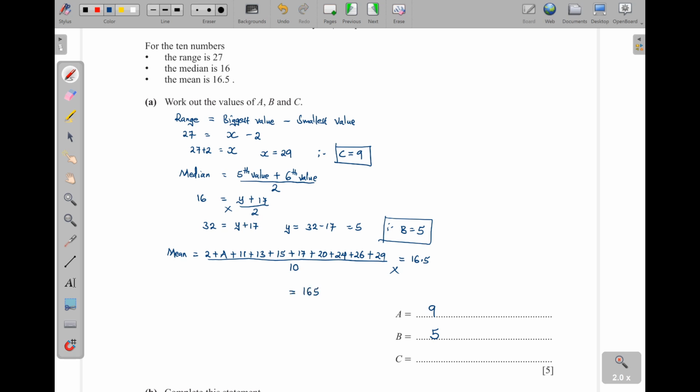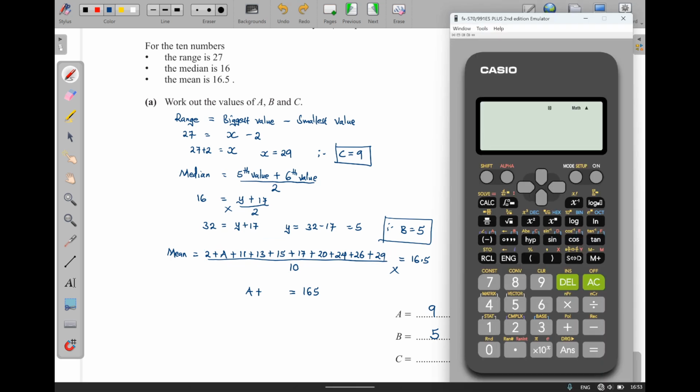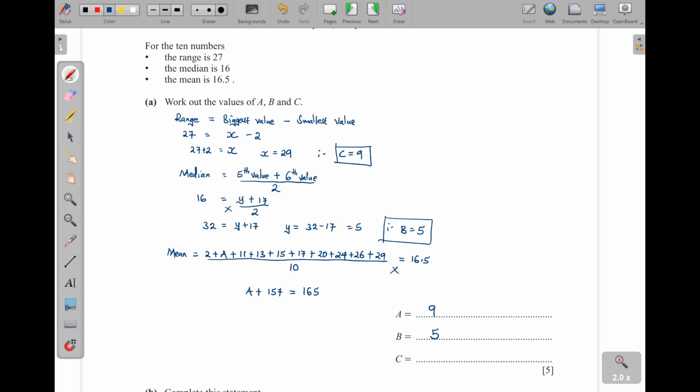Then this one is equal to, this is A, but plus what? When we add everything here, we have 2 plus 11 plus 13 plus 15 plus 17 plus 20 plus 24 plus 26 plus 29. That is 157. So meaning A is going to be equal to 165 minus 157.